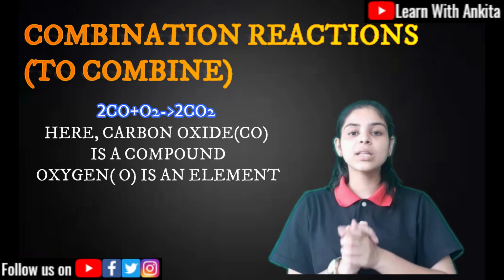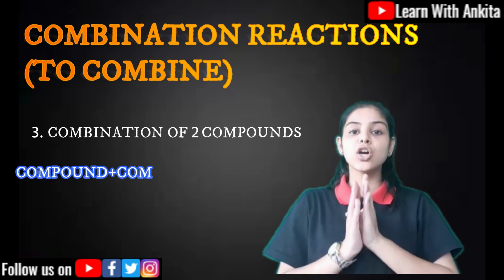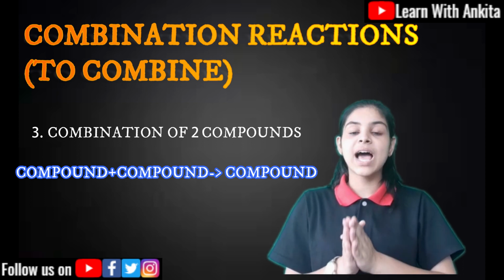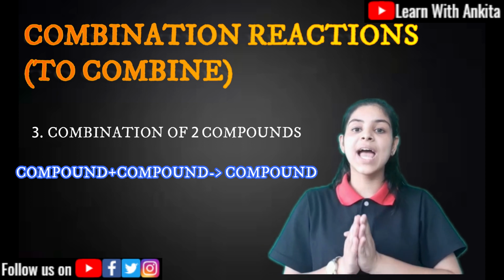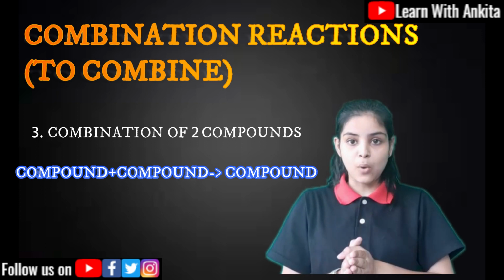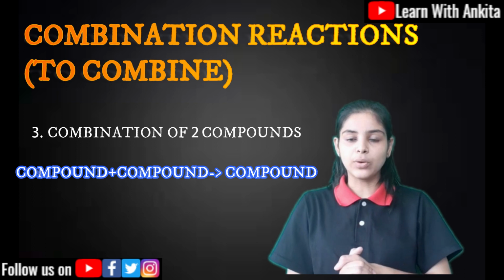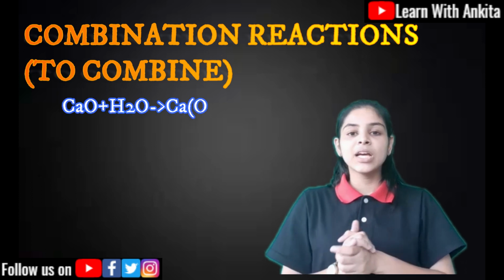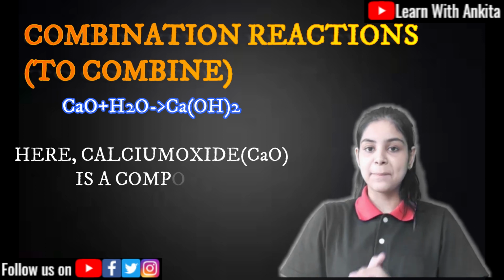Now let me come to the third form, that is the combination of 2 compounds. Means I'll add up 2 compounds and I'll get another compound, right? Let me tell you this through an example. You can see the example on the screen.